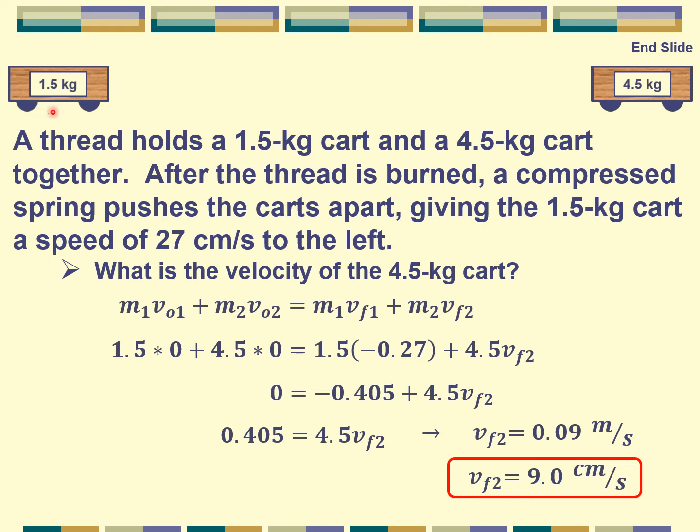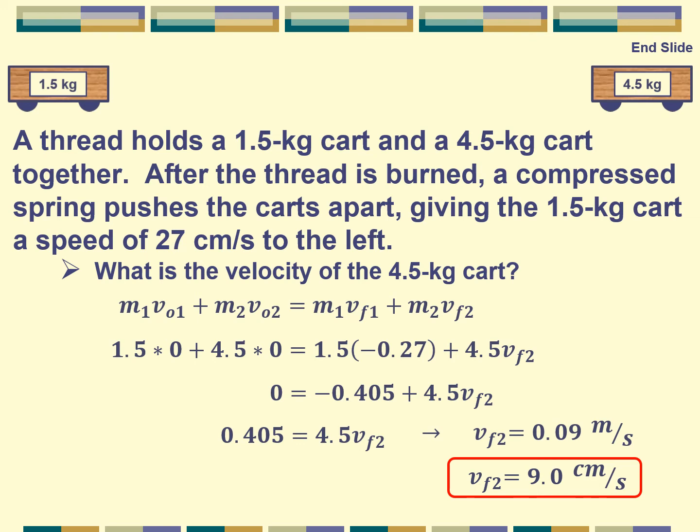If the first mass is 1.5 kilograms and the second mass is 4.5 kilograms, that means the second mass is 3 times the mass of the first one. If it's 3 times the mass and has to have the same momentum, then it has to have 1/3 of the velocity. So if the velocity of the first car is 27 centimeters per second, then 1/3 of that will be 9 centimeters per second.